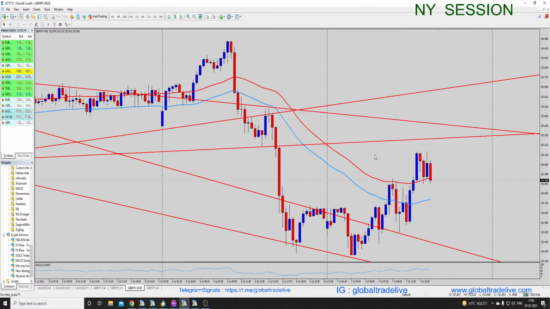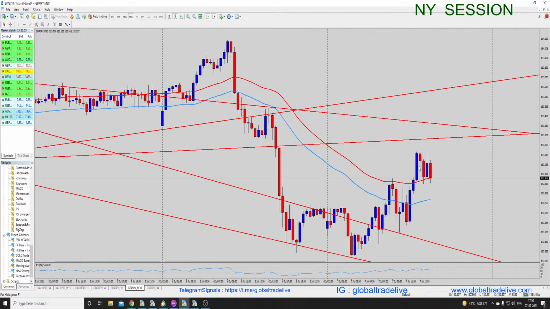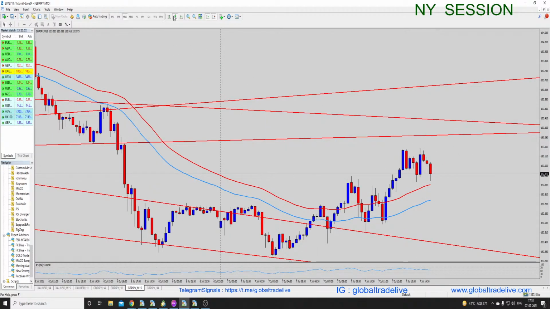Got 10 minutes left for this 30-minute candle to close. The 1 hour candle looks like, okay, it looks not good here. Actually, I'm really not comfortable taking this trade, so I won't be taking it.